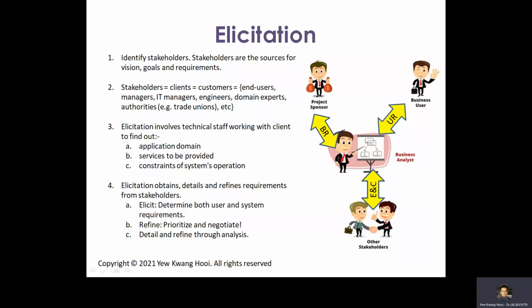At each level, you will get different kinds of requirements and different amounts of detail. At higher level, you get the big overview, the strategic view of the system. At lower level, you get more details of how the process ought to be like.